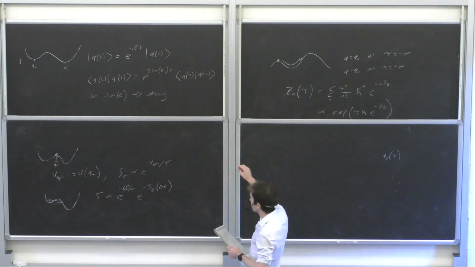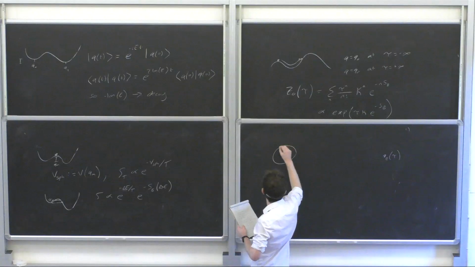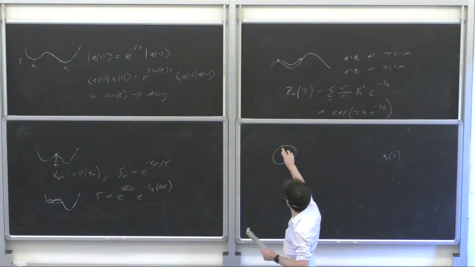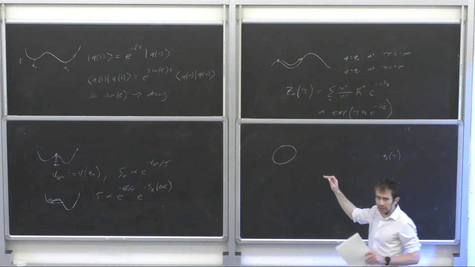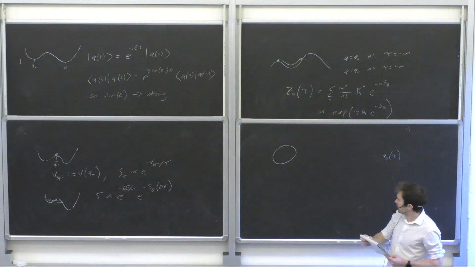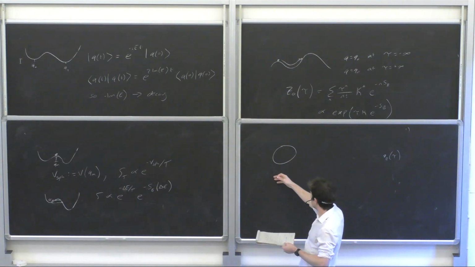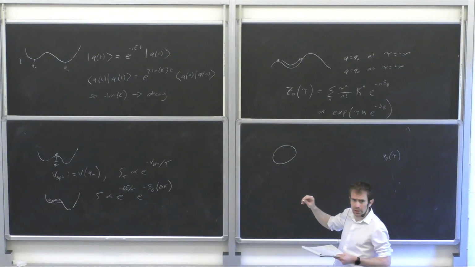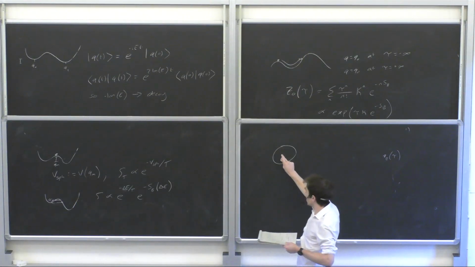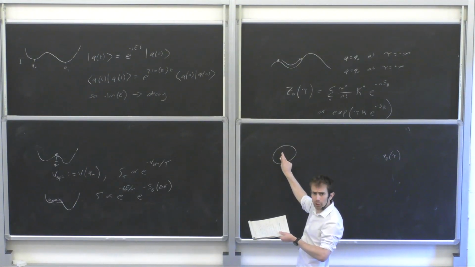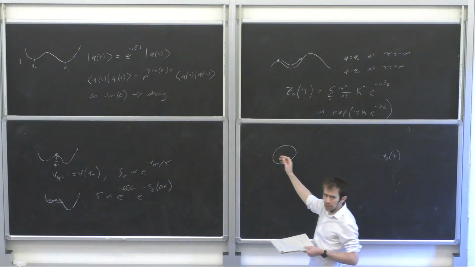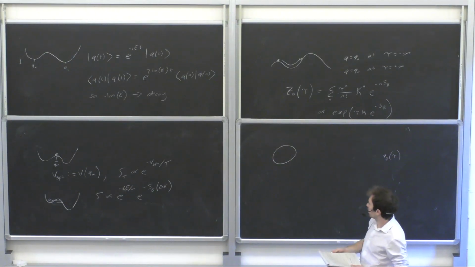In particular, what I expect to nucleate is a critical bubble, where the energy of this bubble, now thinking in real time, is equal to the energy of just having the false vacuum sat here with no bubble nucleated. The way that this happens is because I have some energy gain from being in the true vacuum at the core of the bubble, then some energy cost of the bubble wall.